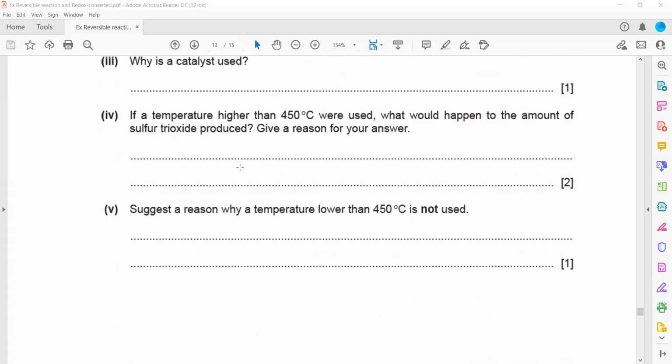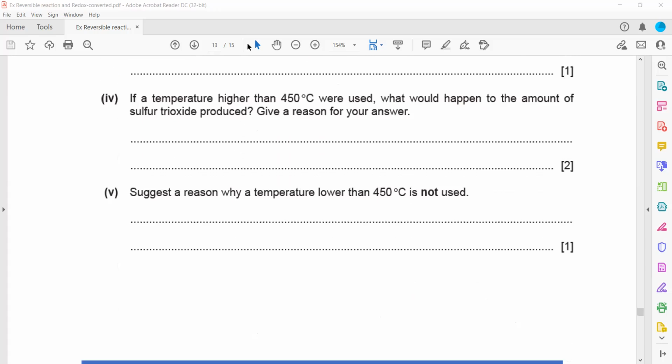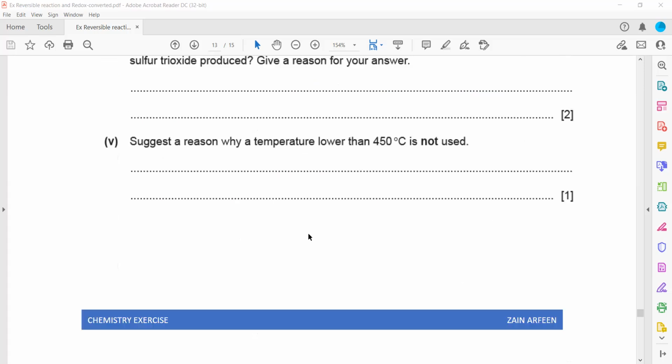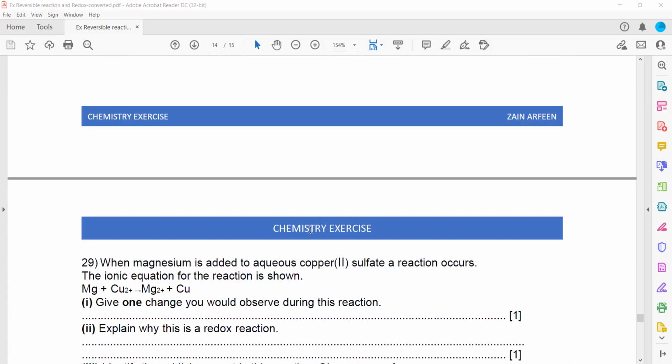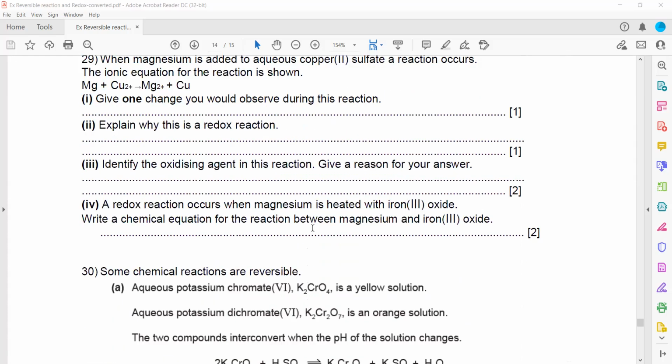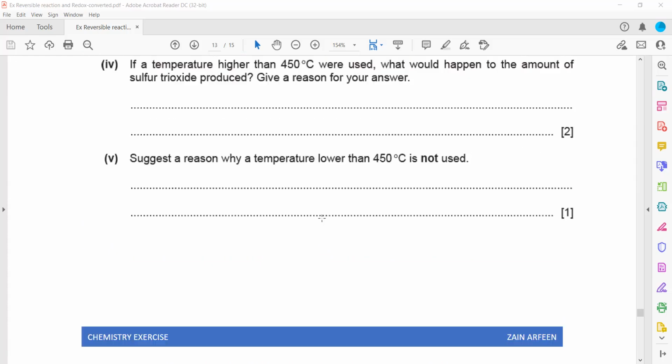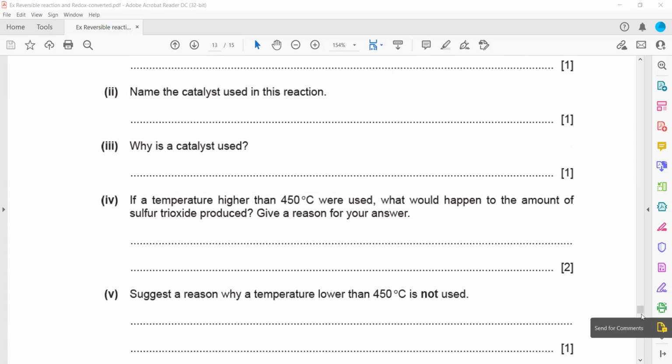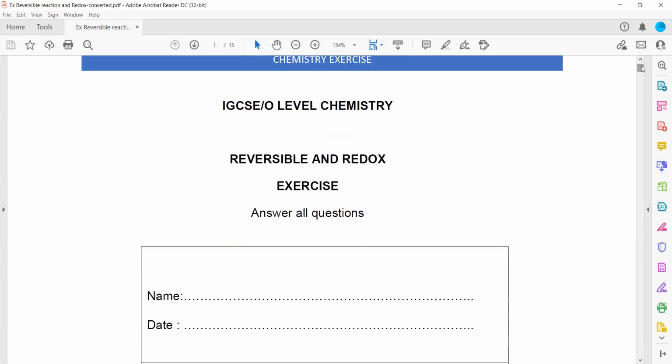And give a reason why we did not use a very low temperature. If you use a very low temperature, the rate of the reaction will be very slow. So these are some questions related to the topic of reversible and redox reactions.